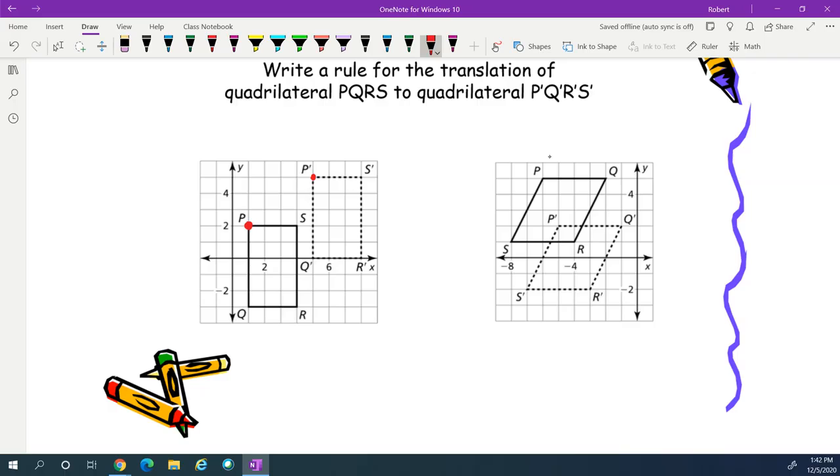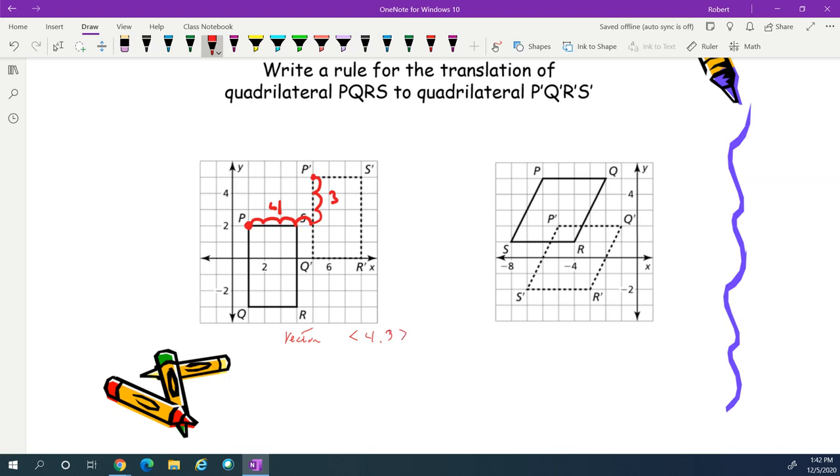So let's see. I'm going to go 1, 2, 3, 4 in the X direction. 1, 2, 3 up in the Y direction. So my vector is very simple. My vector is already 4, 3.